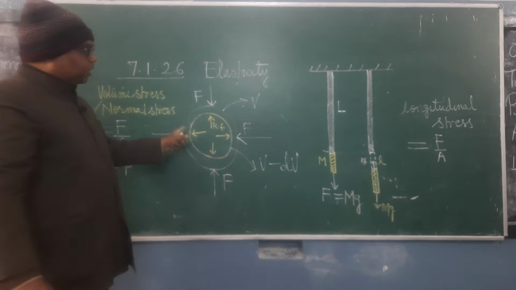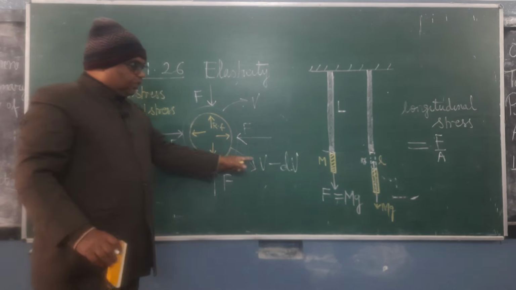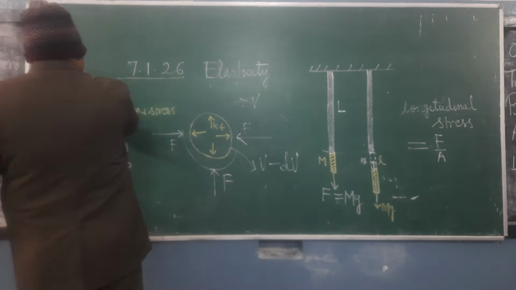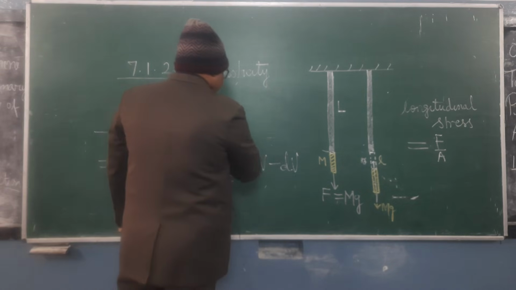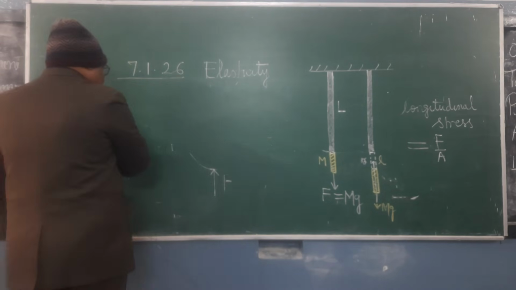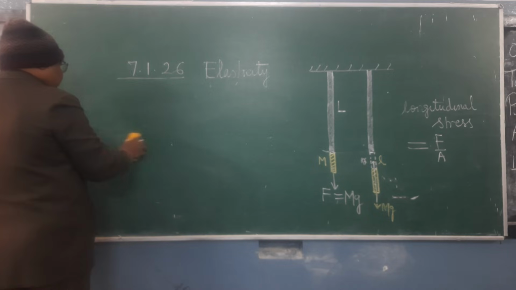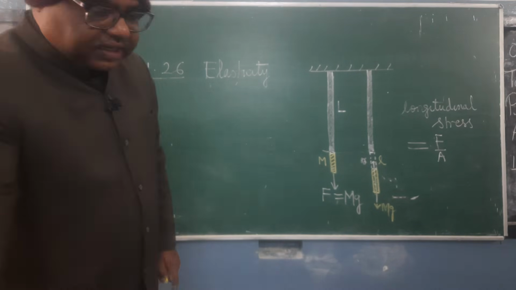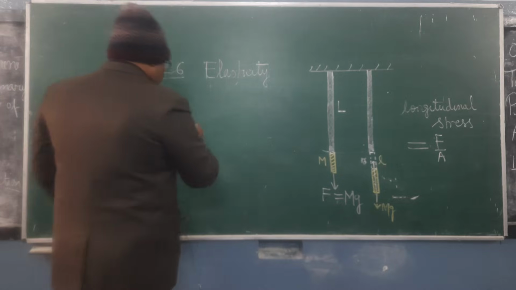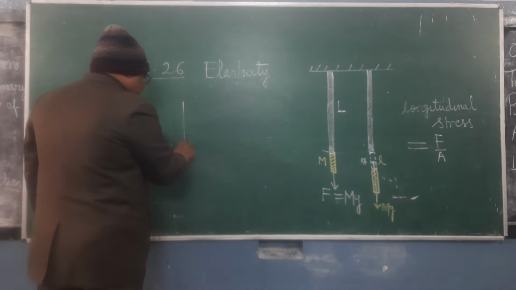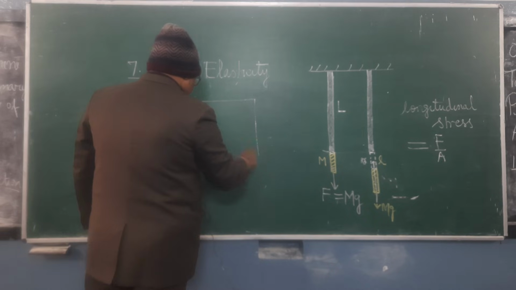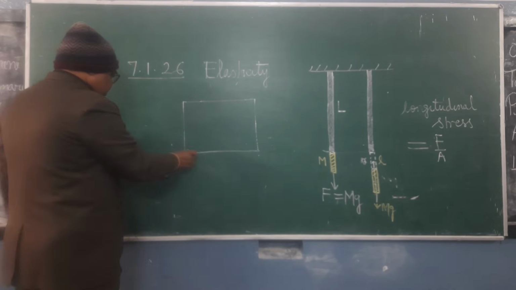Here volume has become V minus dV. But now I am going to explain shearing stress which is produced due to the change in shape. See here. Shearing stress. Here there is a body which is of cuboid shape, kept over some surface.